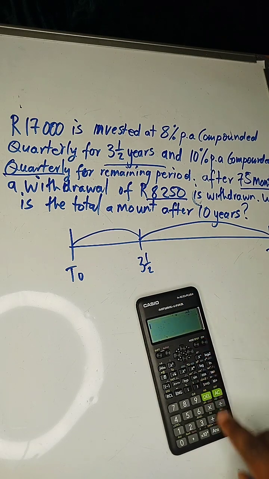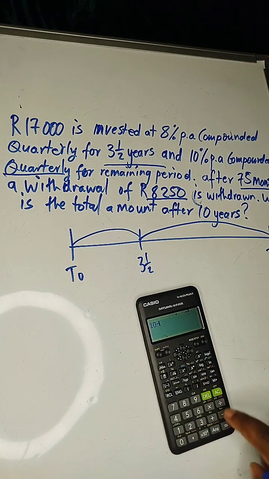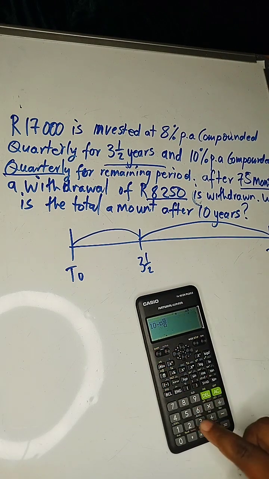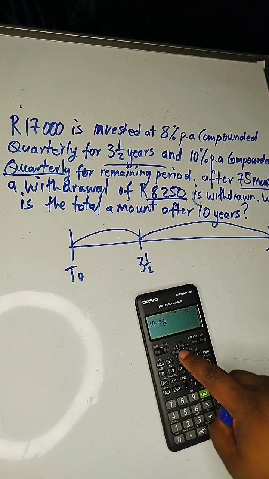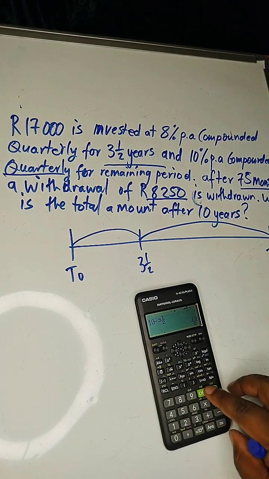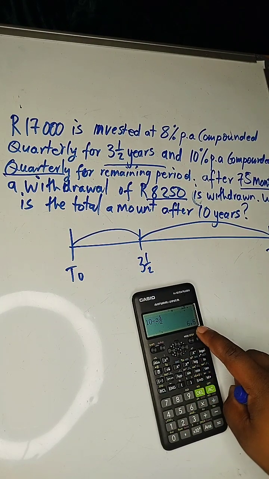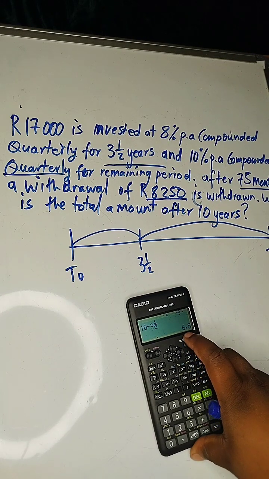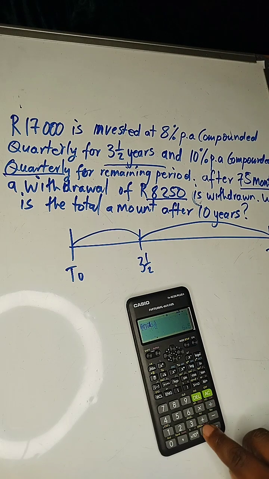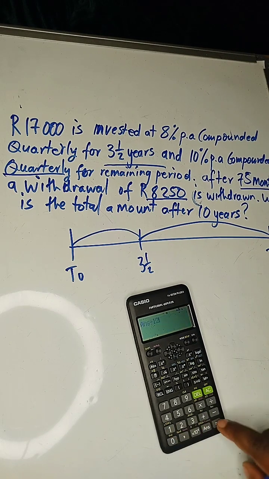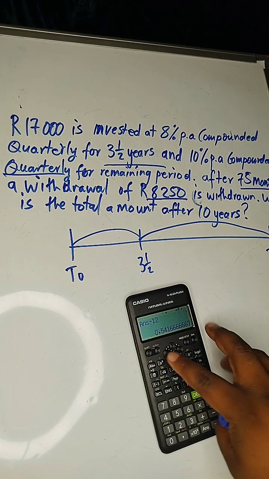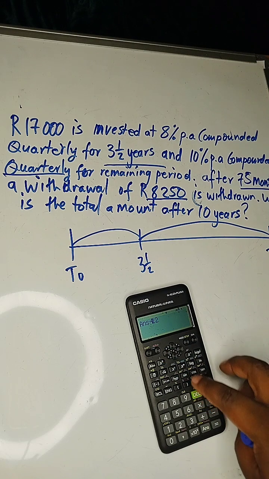We say 10 subtract 3.5, which is 6.5. Then that is in years.